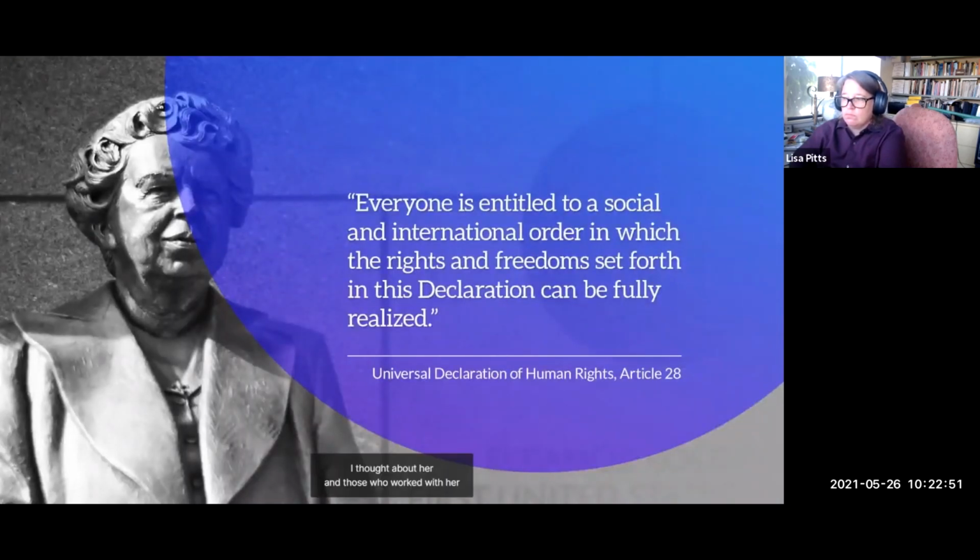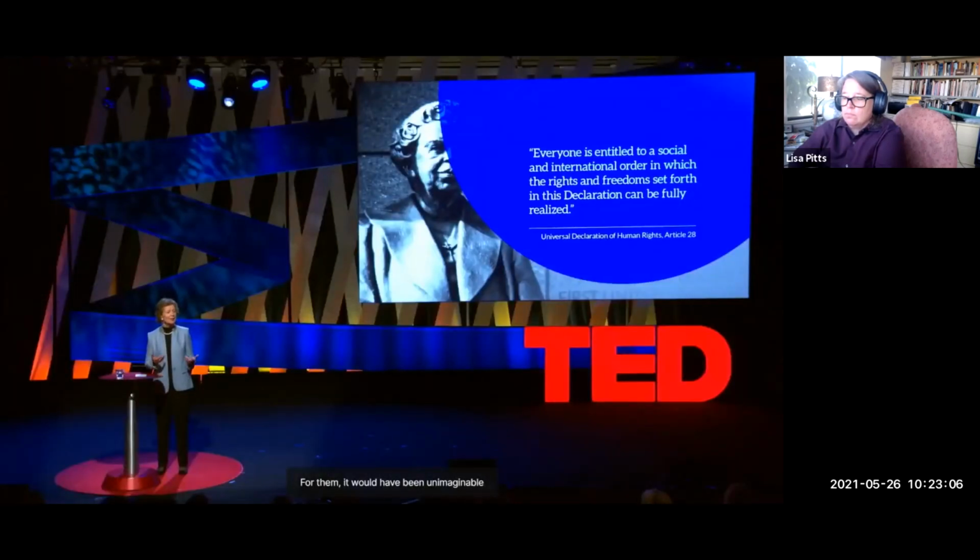I thought about her and those who worked with her on the Commission on Human Rights, which she chaired in 1948, and drew up the Universal Declaration of Human Rights. For them, it would have been unimaginable that a whole country could go out of existence because of human-induced climate change.